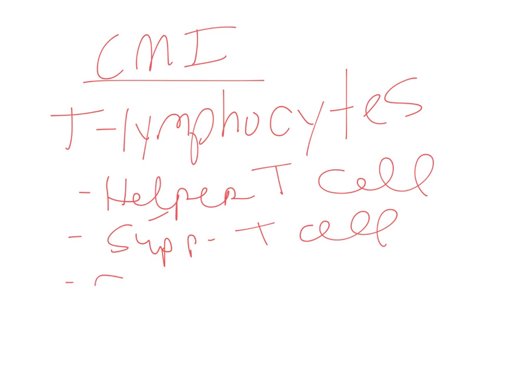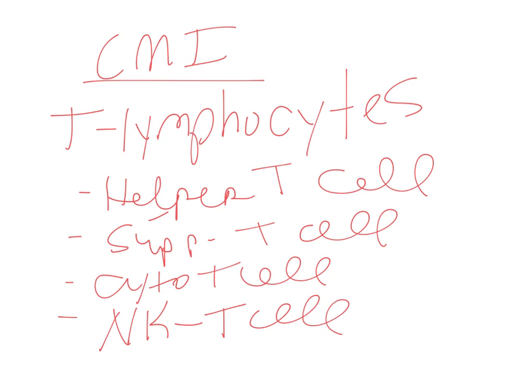And then there's a cytotoxic T cell. Sorry, this is terrible handwriting. And then you have the natural killer T cell. Big guns. They all have their special role here.